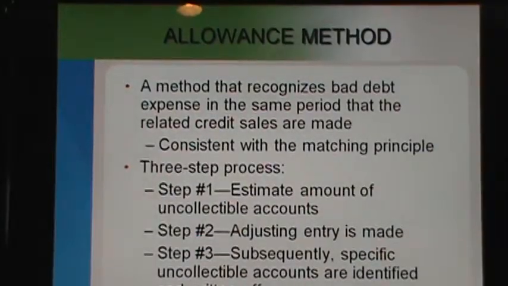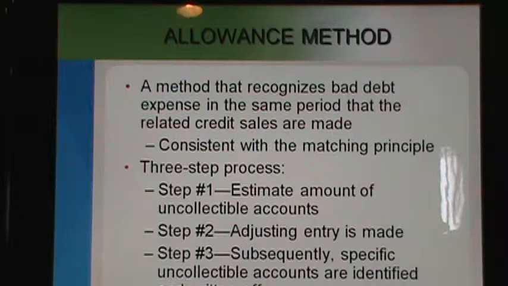The allowance method is the method that recognizes the bad debt expense in the same period that it's related to credit sales. So if we found out that so-and-so didn't pay their credit off, then we go back and we take it out of the same period in which they bought the merchandise.